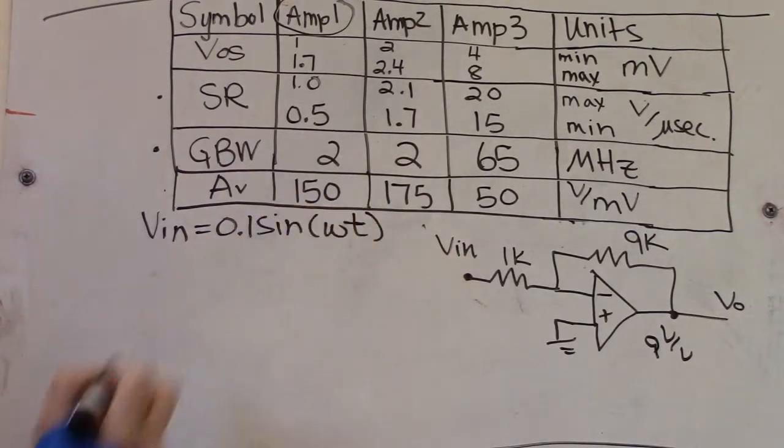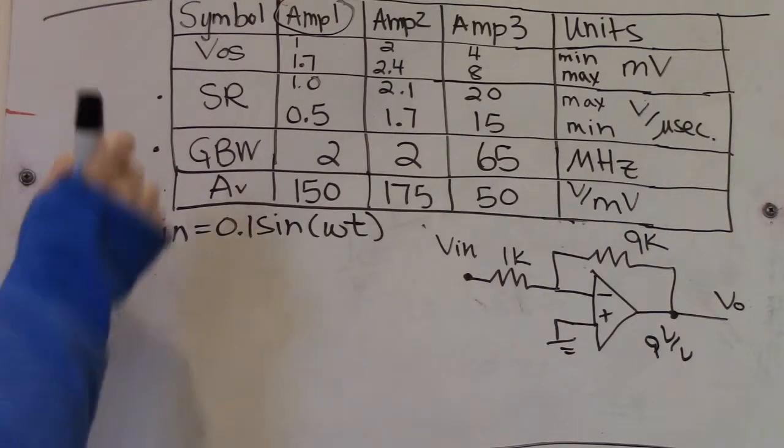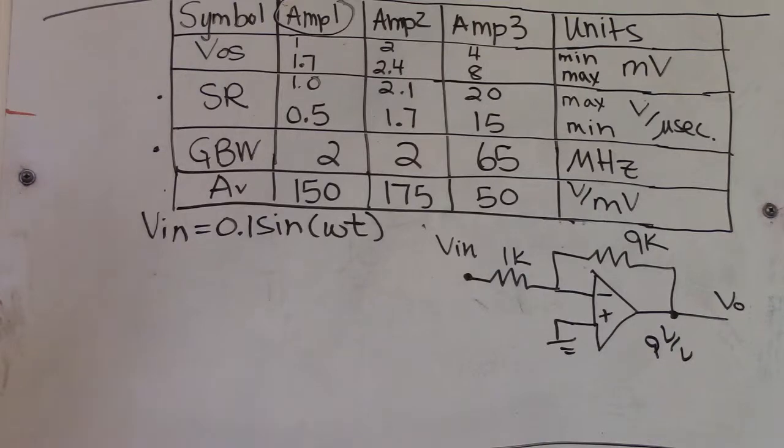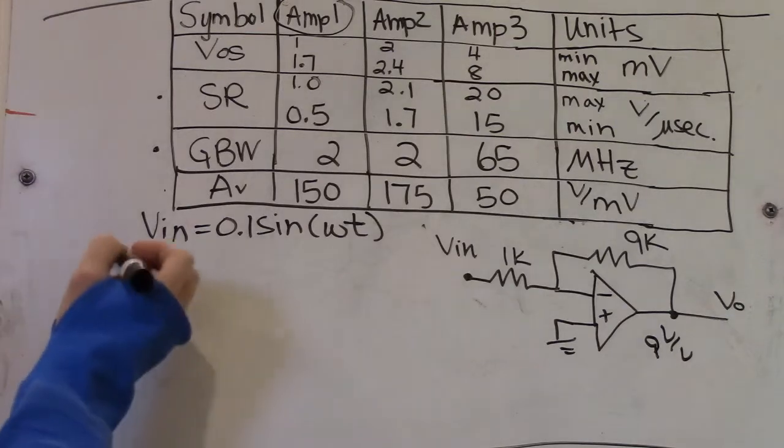So the bandwidth needs to consider the two effects of the slew rate and the gain bandwidth product, or the unity gain value that you're given on a data sheet. In this case, we're given the gain bandwidth product, which is the same value as a unity gain.